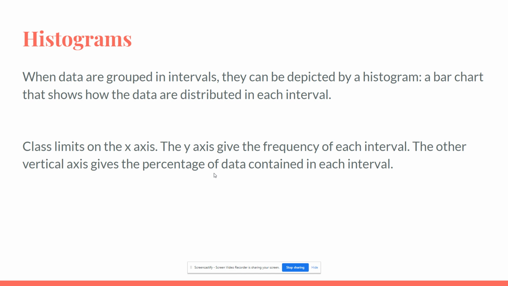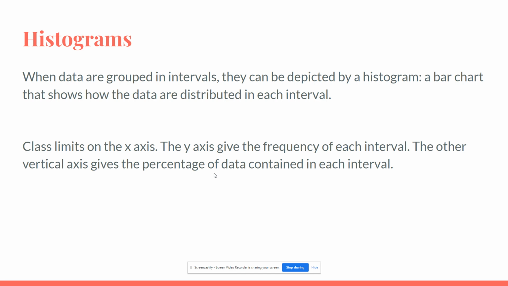Now, we can use frequency tables to draw histograms. So when data is grouped in intervals, like we just did, where we grouped by age, then we can make a bar chart called a histogram that shows how the data is distributed in each interval. All right, so how we do this, we put the class limits on the x-axis.